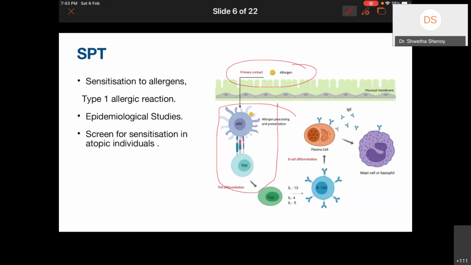It is important for epidemiological studies. When we do SPT in a general population, we know what the allergy trends are in that population. And also it can be used for screening to see what an individual is sensitive to, especially when there is a history of atopy.